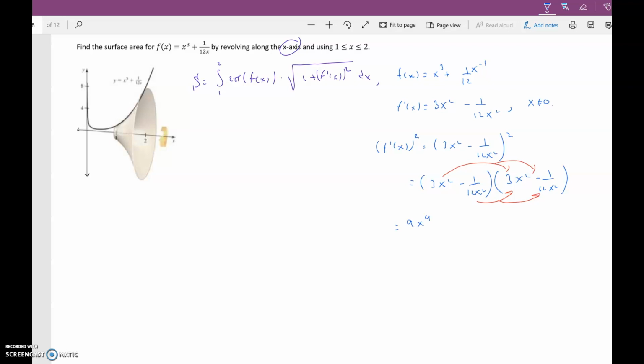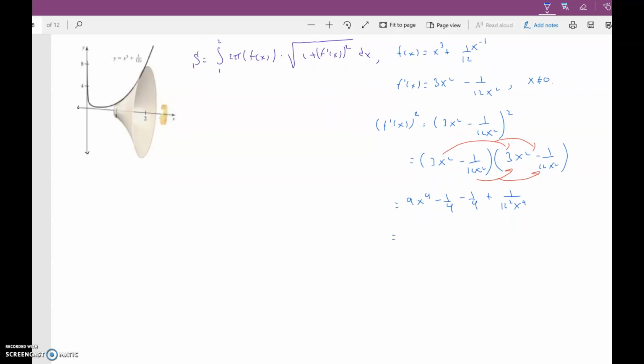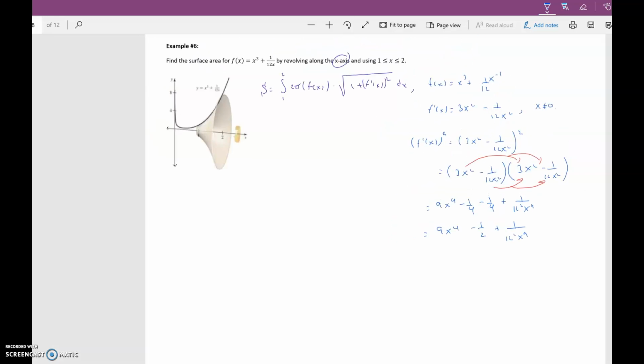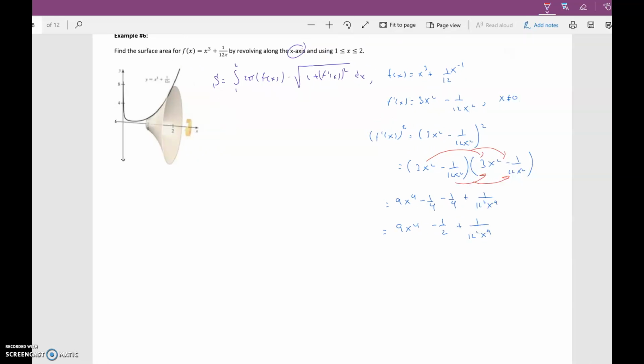Then the 3 cancels with the 12 and also the x squared, so we get a fourth for the next one, then minus another fourth, and then plus 1 over 12 squared x to the fourth. This gives 9x to the fourth minus a half plus 1 over 12 squared x to the fourth.